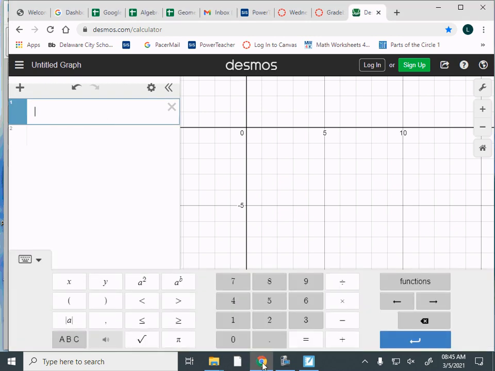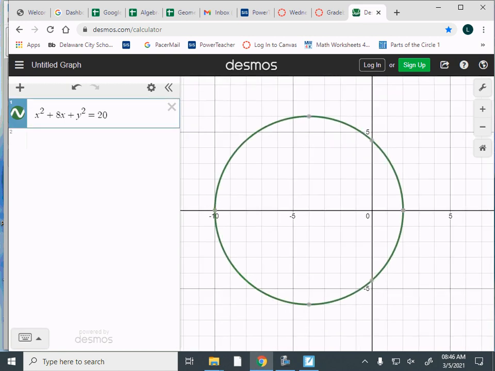So we have x squared plus 8x plus y squared equals 20. Again, click your circle. Count. All the way across is 12, which means our radius is 6.